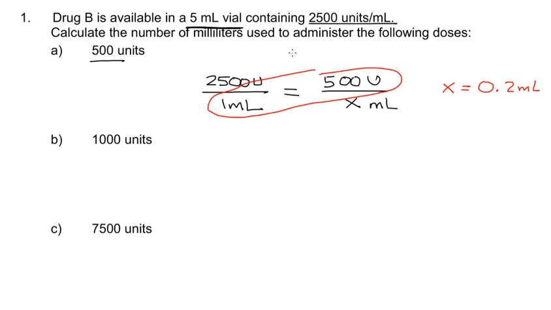They don't say if this is injection or give by mouth, so no need to worry about it in this question. We have to give 0.2 mils for this. The 5 milliliters never came up. That just means that one vial is going to be easily enough to do this. We'll only use 0.2 of it, and the rest will be either reused or disposed of, depending on the medication.